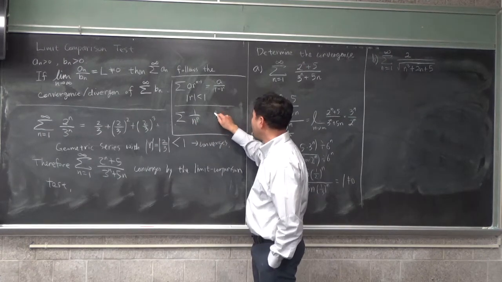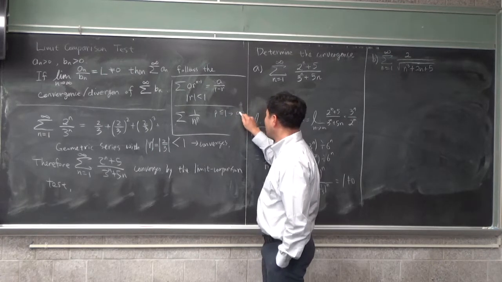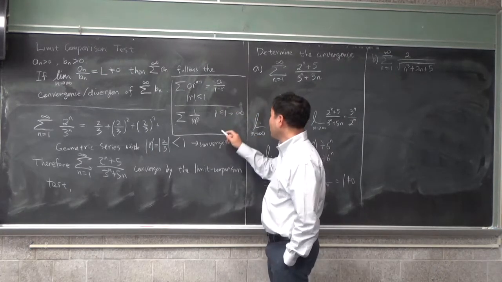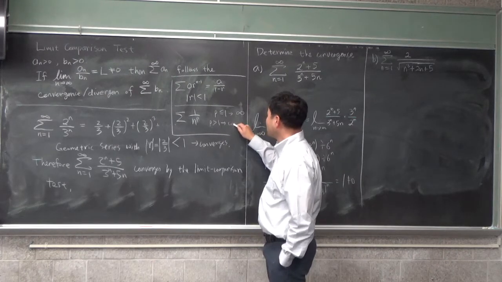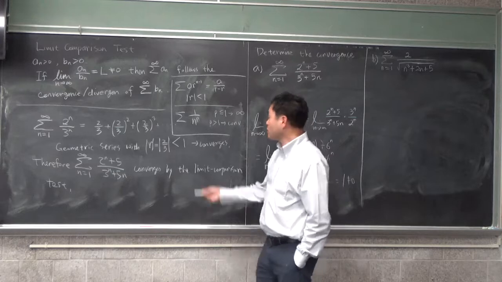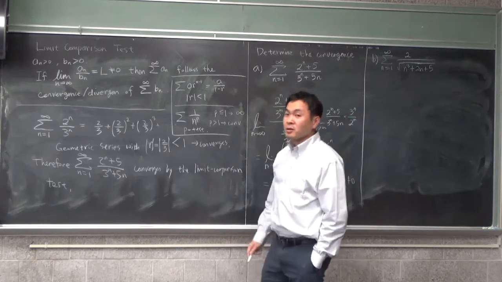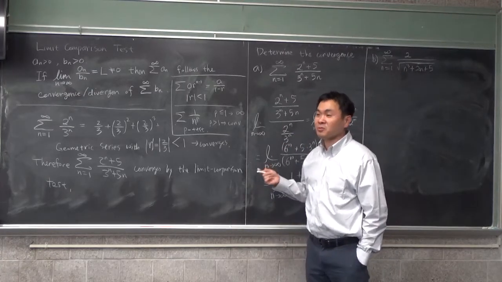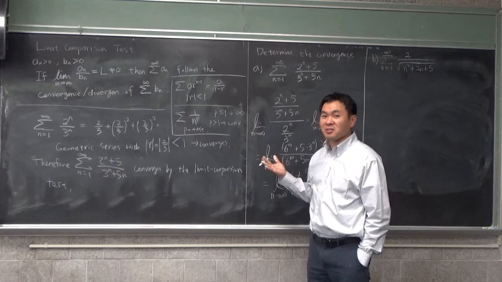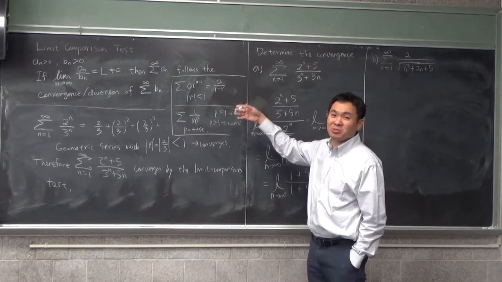If p is 1 or less, it diverges to infinity, and if p is greater than 1, then it converges. Okay, so that's called the p-test. And then we have some telescoping series which also converges, but that's usually not easy to compare with. So you really have just two choices, you might think.